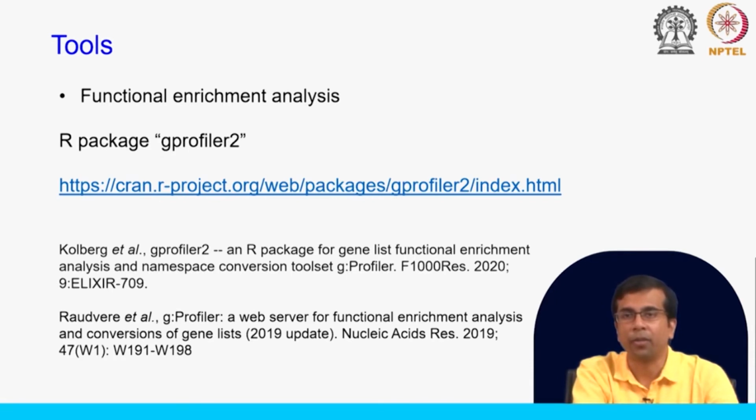But sometimes you probably have to do this for a large number of samples repeatedly, and in that case that becomes very tedious, right. So, in those cases you would probably prefer a command line based tool, a package perhaps like gprofiler, where you can automatically do this analysis for a large number of sets. Okay. So, this is the tool we will use and we will go step by step.